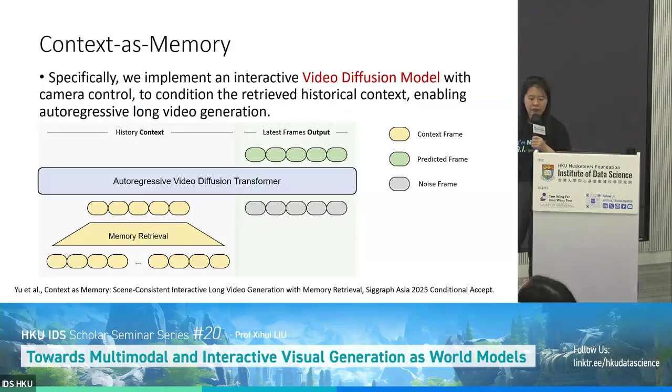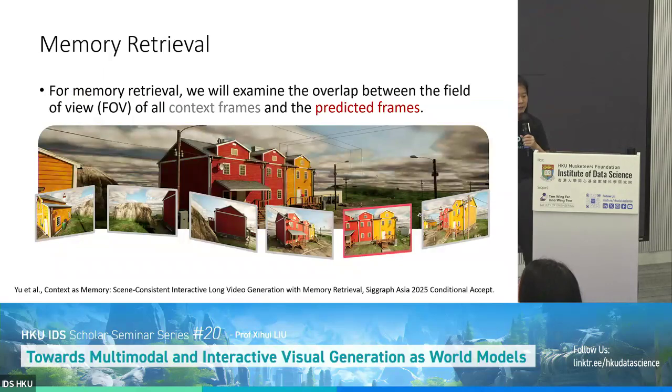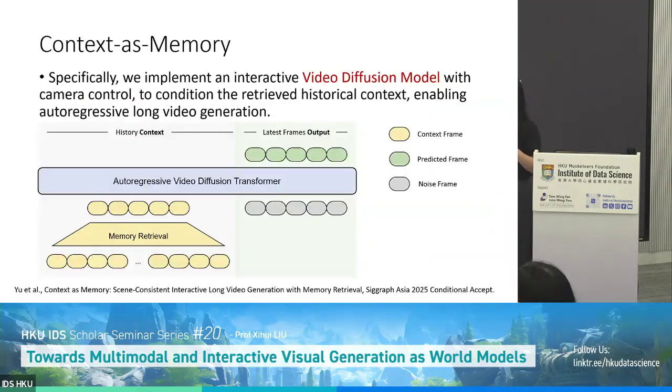In this way, we should be able to leverage all of the history context information to generate new frames. But the problem is, how do we implement this memory retrieval module? How do we retrieve useful context from all of the history frames?